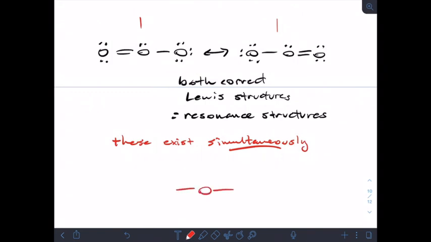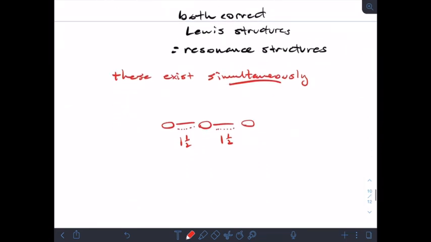The reality is that this Lewis structure looks something more like this, where you have partial bonds, right? 1.5 partial bonds. Instead of a single bond and a double bond, you have two 1.5 bonds. Okay? But, and this is important, we never draw these. Okay?